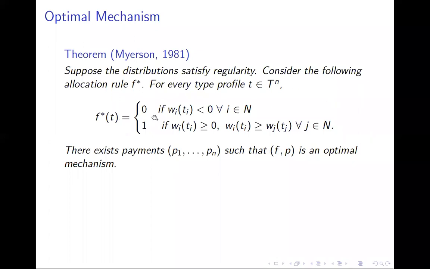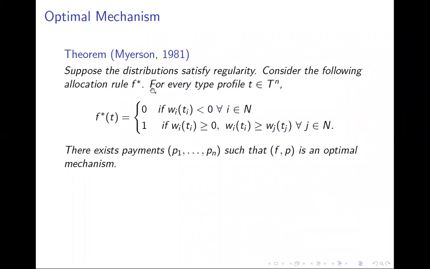The allocation rule does not award the object if all the agents have negative virtual values. It awards the object to the highest non-negative virtual value agent whenever there is a single agent with non-negative virtual value. Okay. So we know that it's enough to specify this.